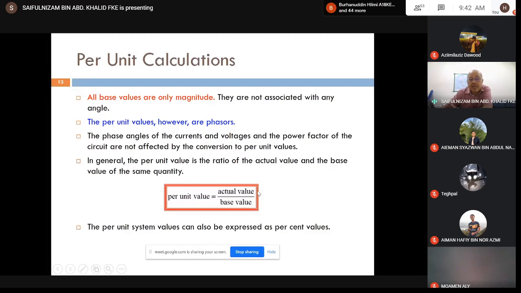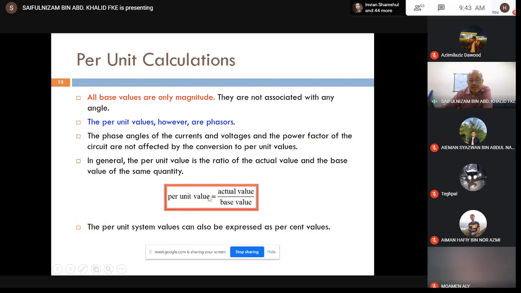So this is the actual value of any quantity: the voltage, the current, the impedance, the kVA, power. Any quantity in any unit divided by the base value or reference value in the same unit. This is the important definition of the per unit value.